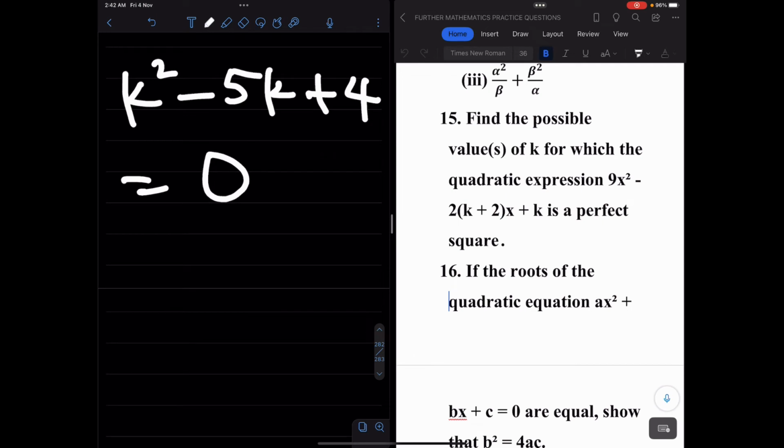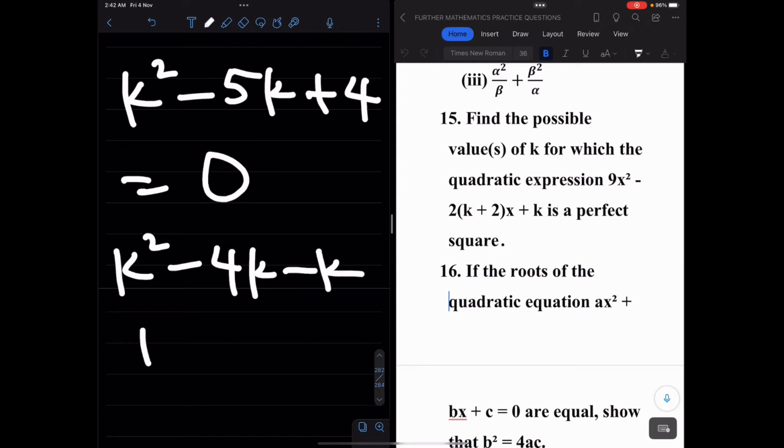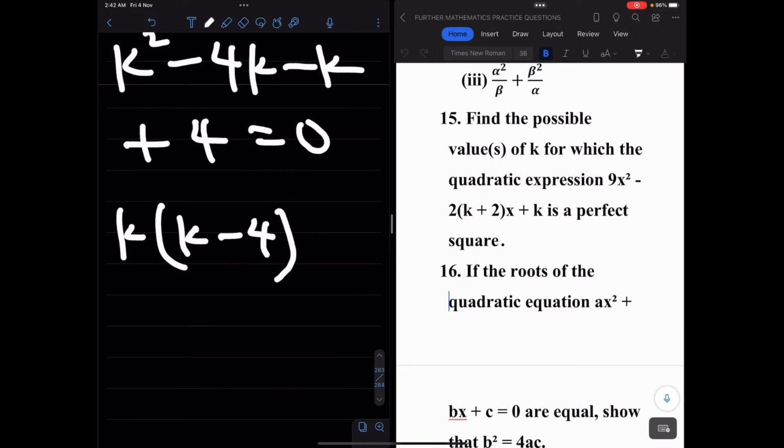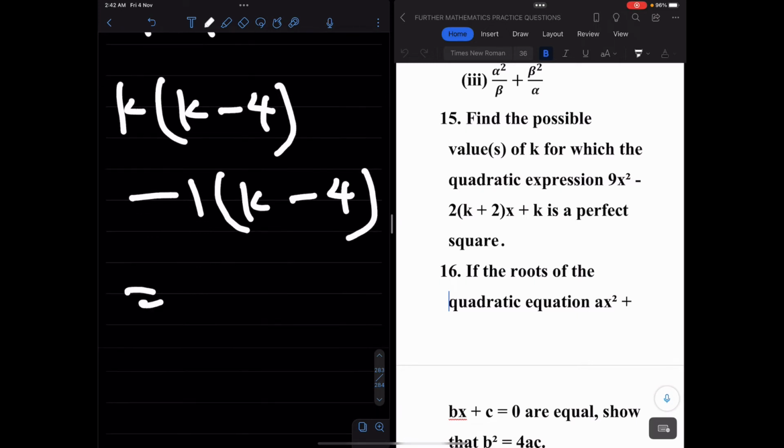Now, how do we solve that by the factorization method? That's the same as k squared minus 4k minus k plus 4 equals 0, which simply means k into bracket k minus 4, minus 1 into bracket k minus 4 equals 0.